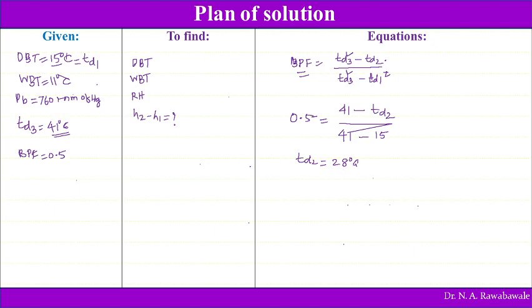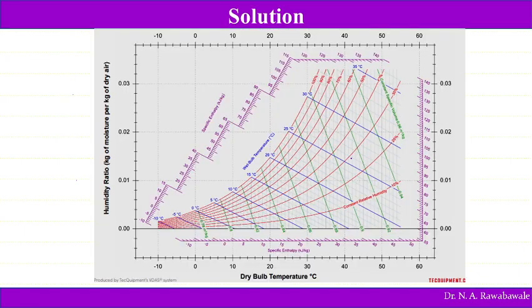So now let us plot this on the psychrometric chart. Consider this temperature as 15 degrees Celsius, and wet bulb temperature as 11 degrees Celsius.